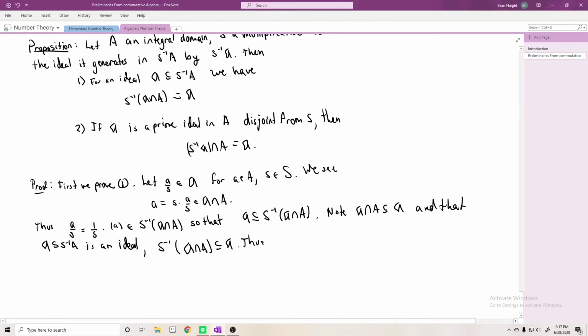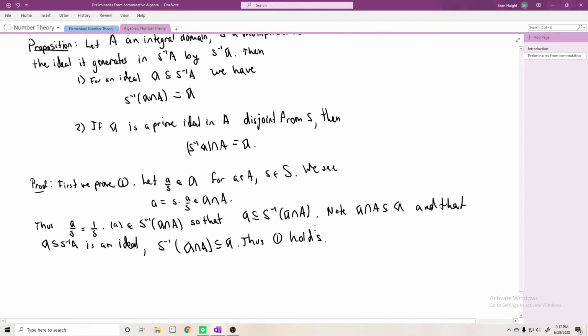Thus 1 holds. Since 𝔞 is an ideal and it contains this set 𝔞 intersect big A, when I hit it with a 1 over s, I'm still going to be in 𝔞.